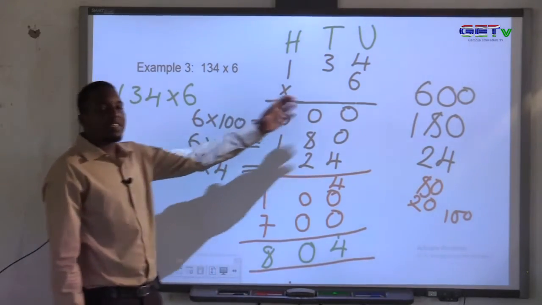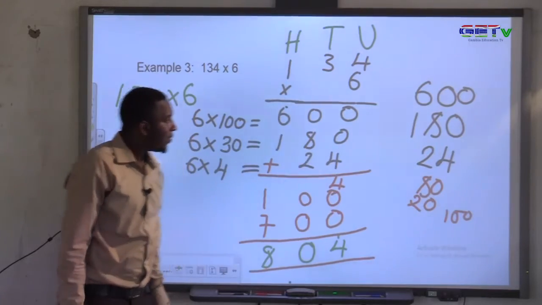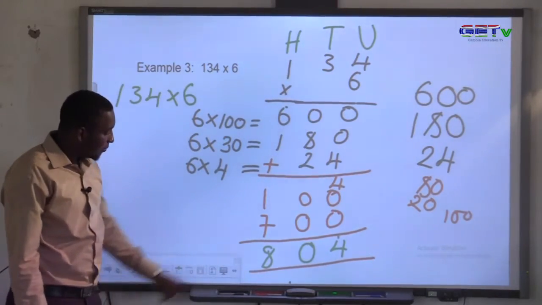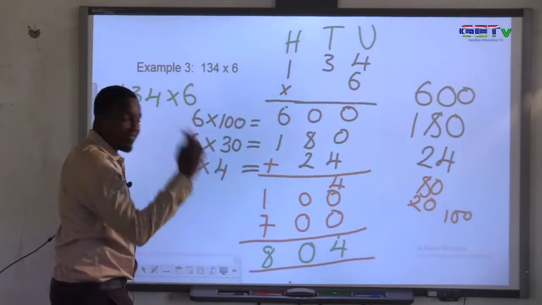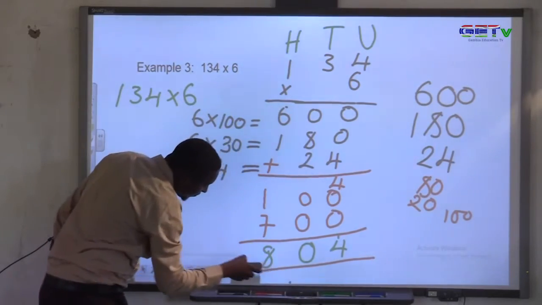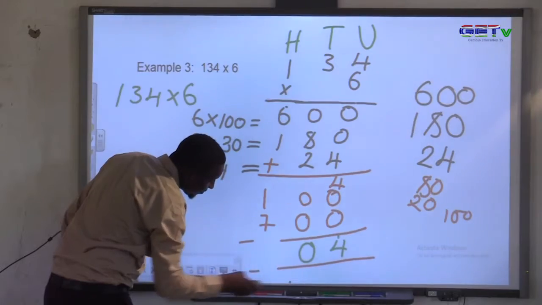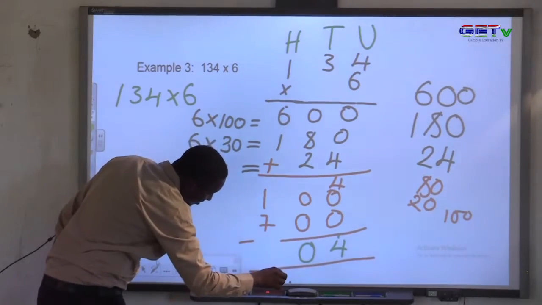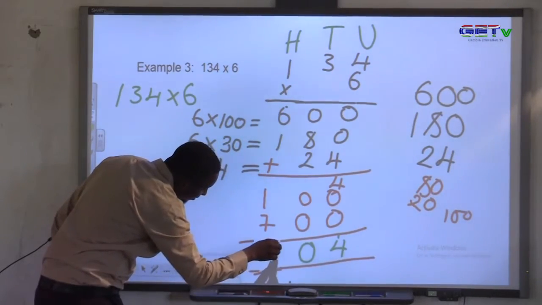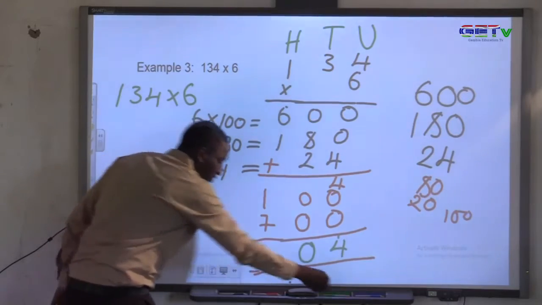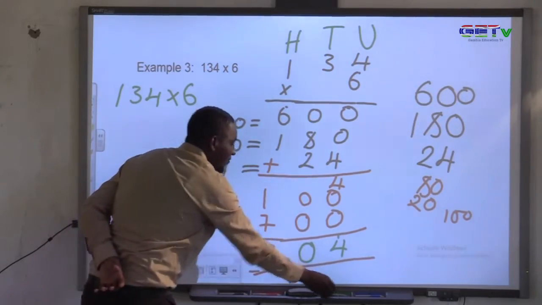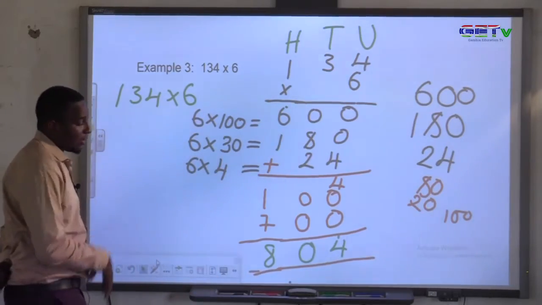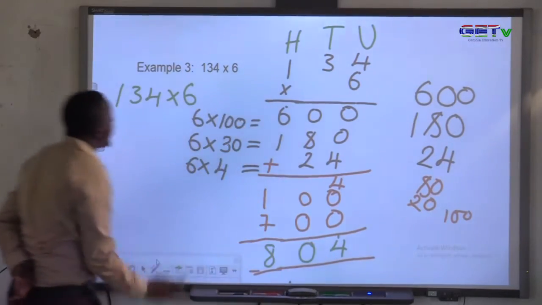When we multiplied 134 by 6, our answer became 804. Let me beautify the 8 for you.